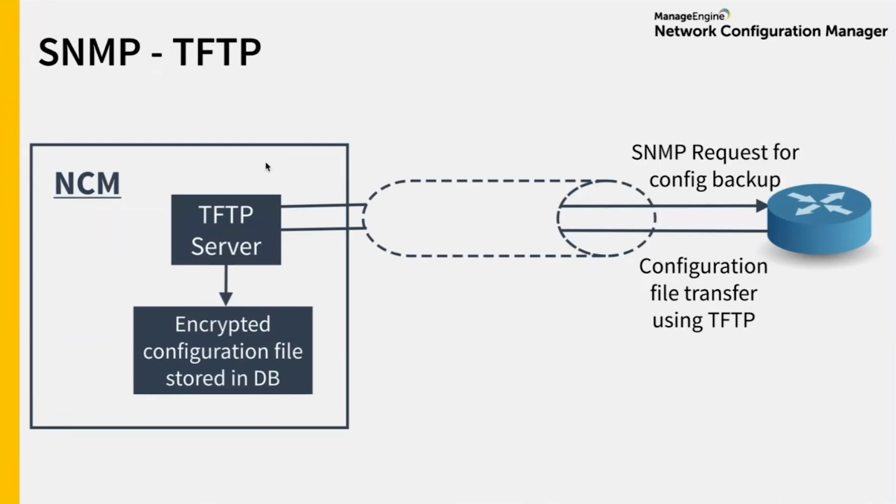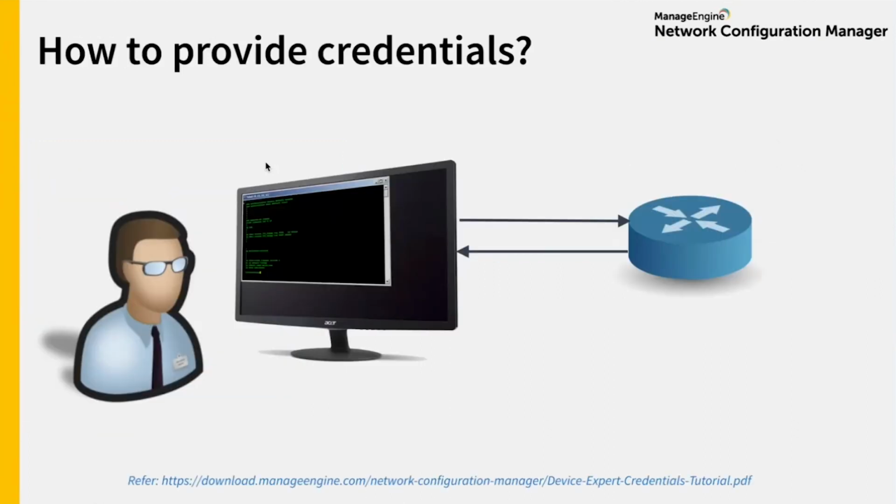Here there will be no communication channel. Instead, NCM will send an SNMP request for configuration backup, and the device will initiate the configuration file transfer using the TFTP protocol. It will directly reach the TFTP server, and then it will be encrypted and stored in the database. Now a question may arise: how can we provide these credentials? There are various methods with which you can provide these credentials.